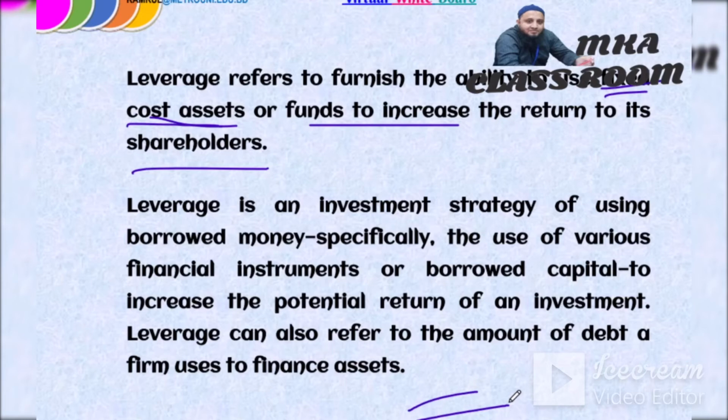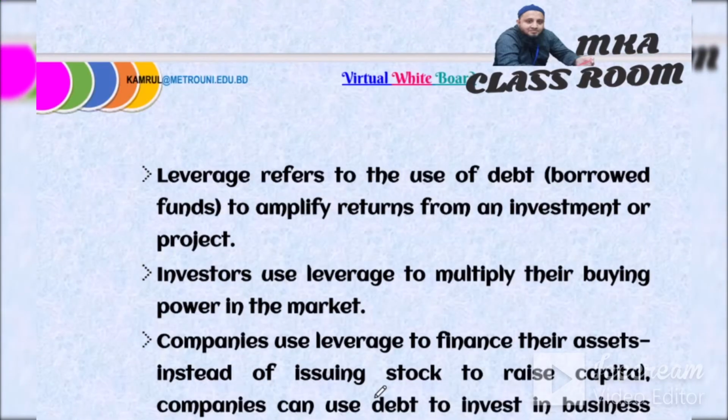Leverage refers to the use of debt or borrowed funds to amplify returns from an investment or project. Investors use leverage to multiply their buying power in the market. So that is another thing, multiplying buying power. Suppose you have 1 crore taka.